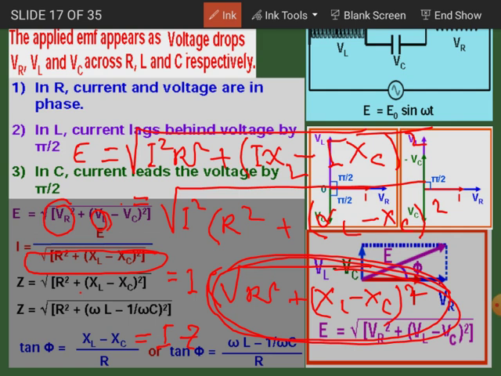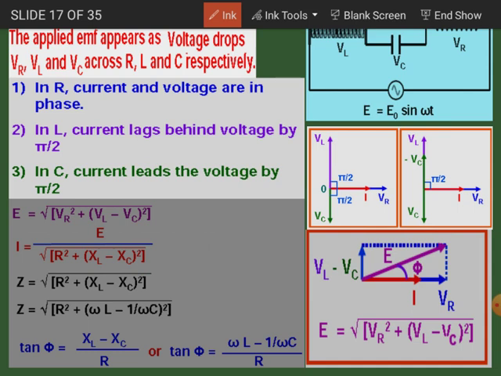That means the effective opposition offered by these three components to the flow of AC current, we call impedance, denoted by Z.